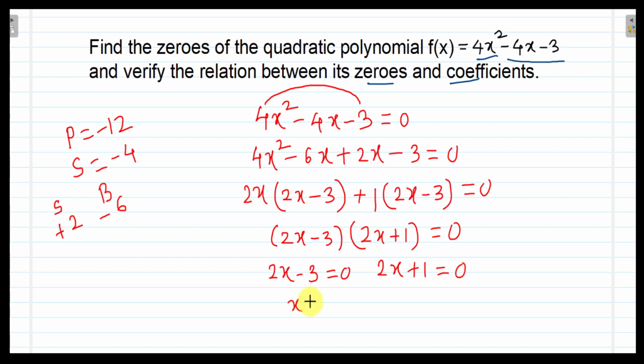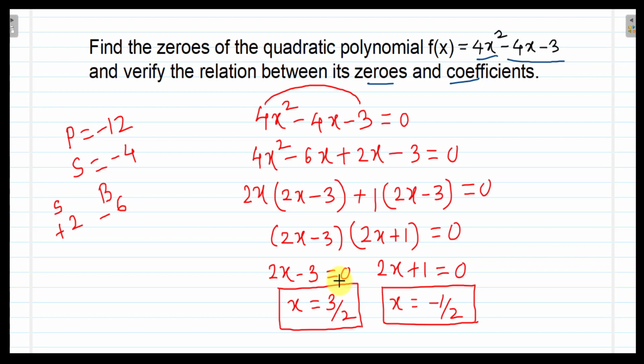So x will be equal to 3 upon 2, and x is equal to minus 1 upon 2. So here we have got the zeros of the polynomial. Highlight this, because this is the first important step: x is equal to 3 by 2 and x is equal to minus 1 by 2.